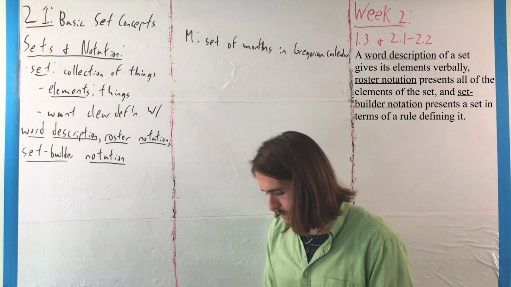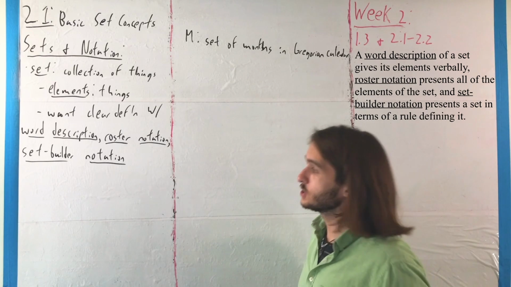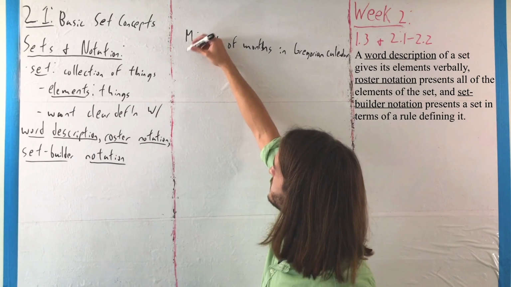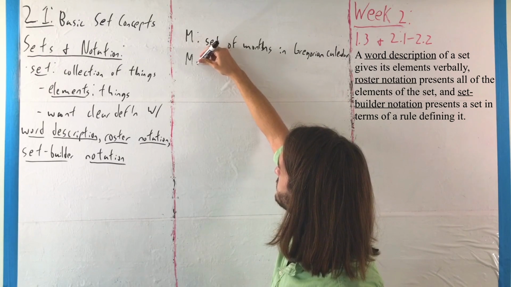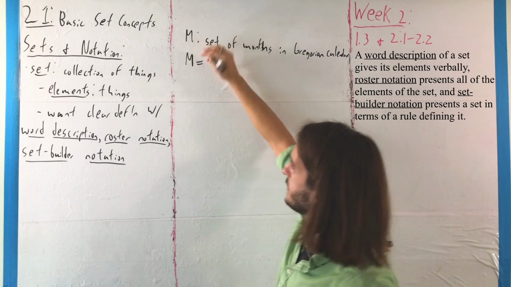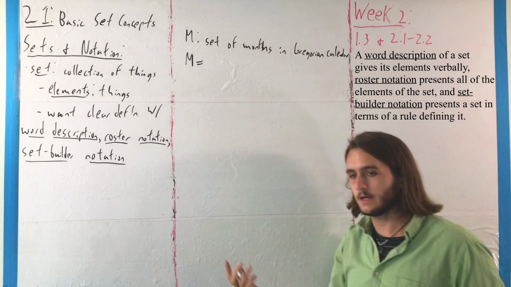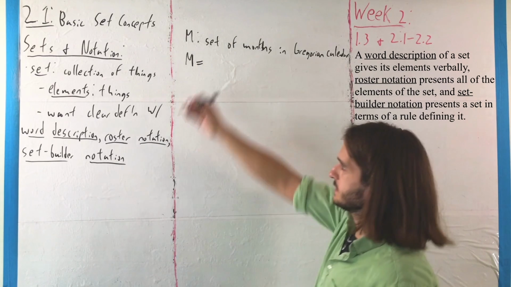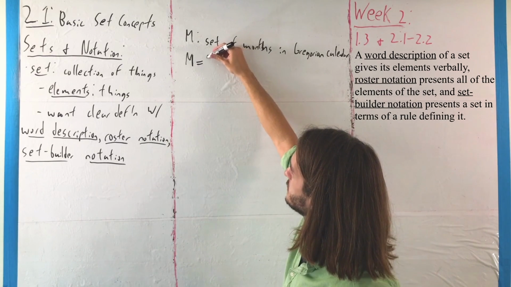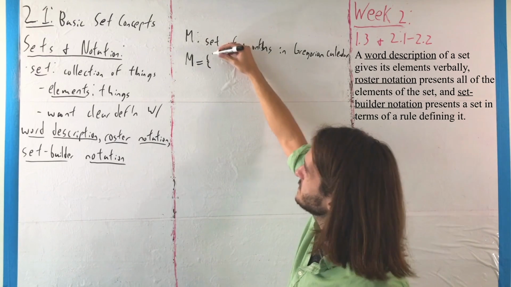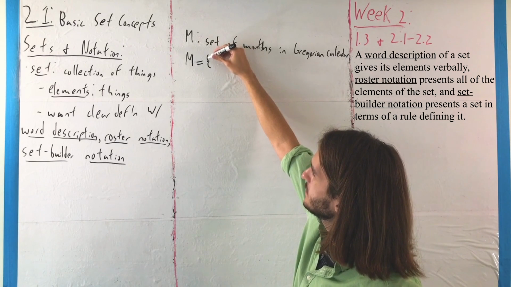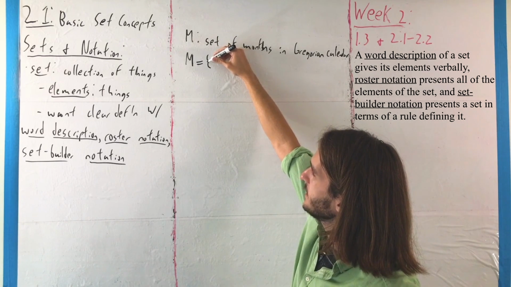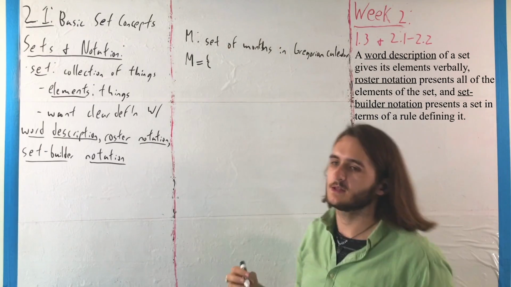From there, we could talk about this as well in terms of roster notation. So if I say M is equal to, then what I'm saying here is that M is going to be some collection of things, or if I want to use roster notation, I open up the set using what's called a curly brace. And the easiest way I've always heard to draw a curly brace is to start like you're going to try and draw a 5, and then turn it into a 2 at the bottom.